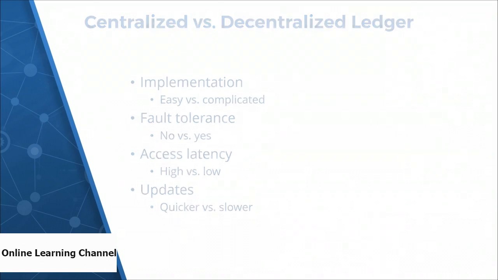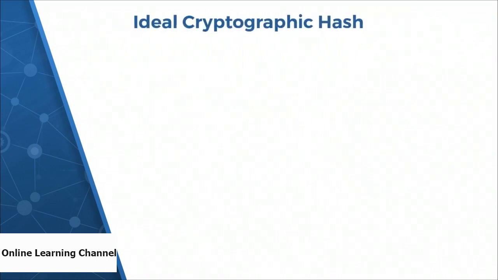For the next task, you needed to note down the properties of an ideal cryptographic hash function. We saw in the course that each block of a blockchain maintains a link to the previous block by means of a cryptographic hash of the entire contents of that previous block.